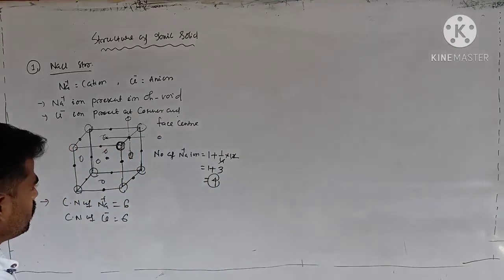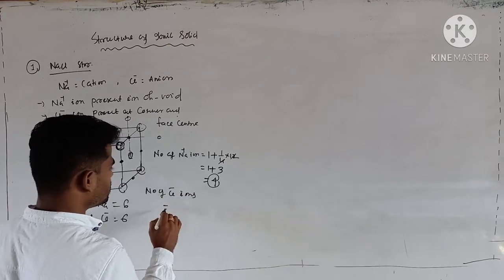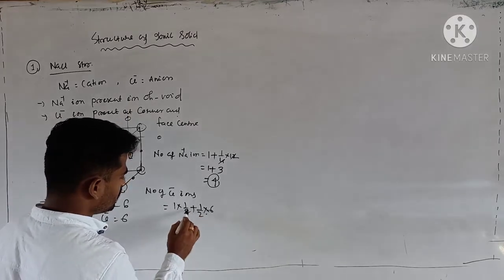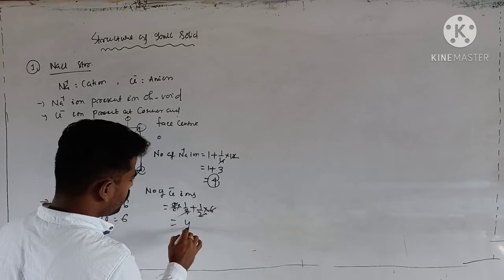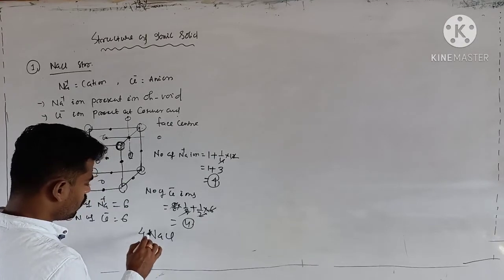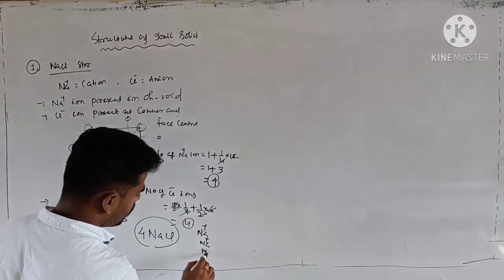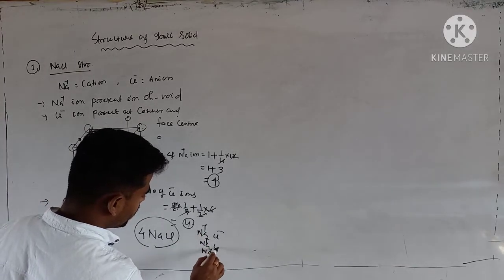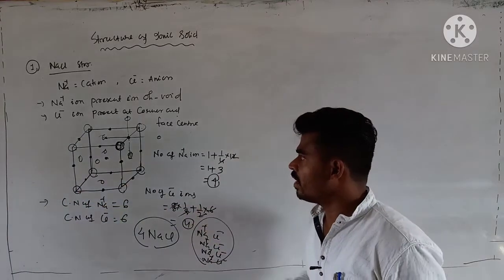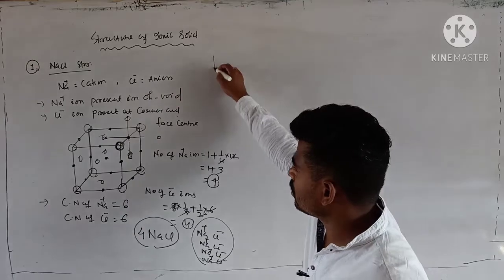So the number of Na plus ions is 4. The number of Cl minus ions at FCC: corners 1 into 1 by 8 plus face centers half into 6, which is also 4. So 4 Na plus and 4 Cl minus lead to how many formula units? 4 formula units of NaCl. So 4 units of sodium chloride are present in this packing. Remember, this is the structure of NaCl.